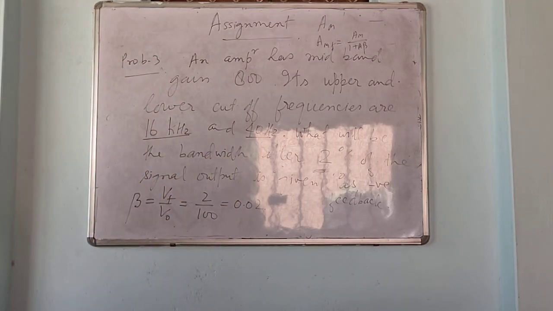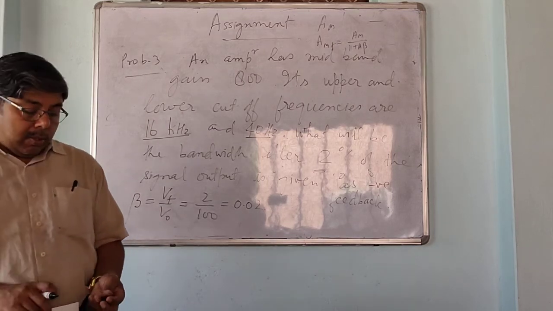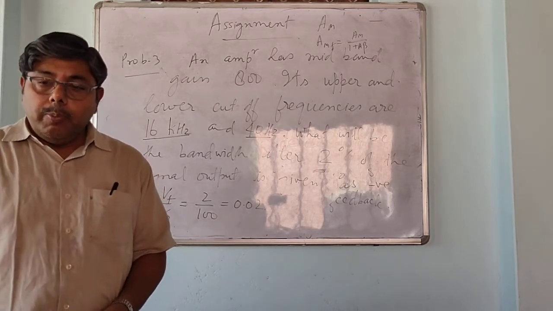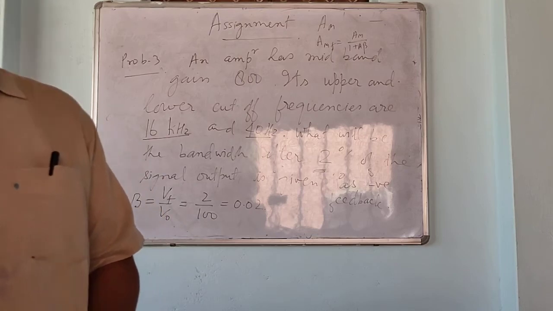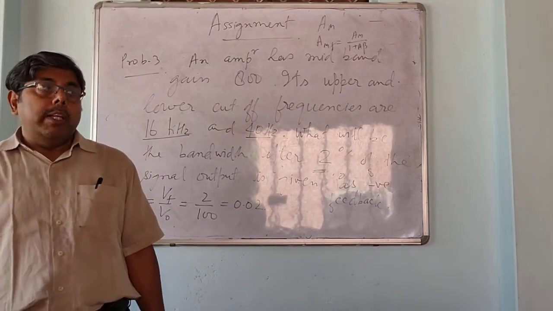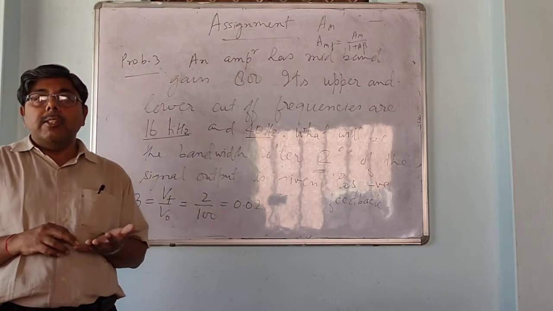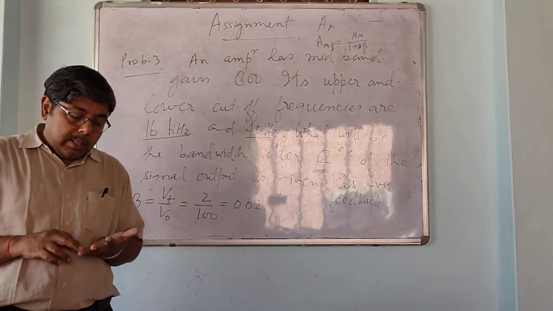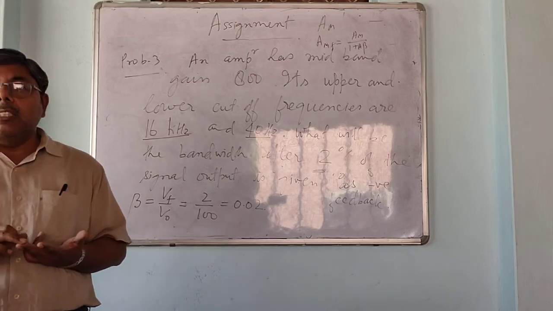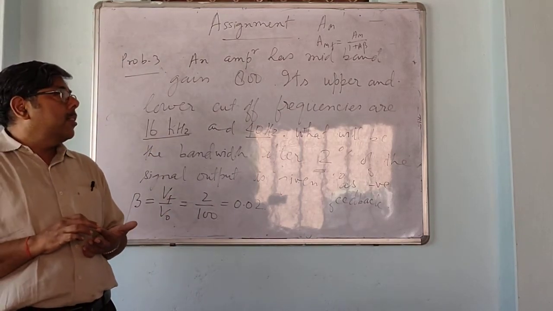So this is all about feedback amplifiers. In feedback amplifiers, we have studied the basic properties of feedback amplifiers. By using feedback, we can incorporate the following properties. First one is bandwidth extension. One is desensitization of gain. Another is control of input and output resistances.